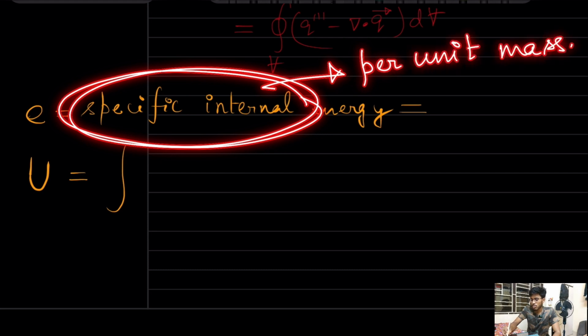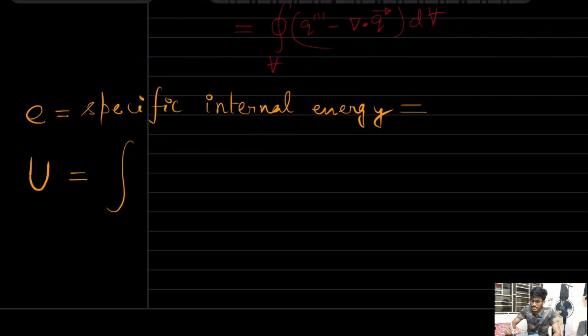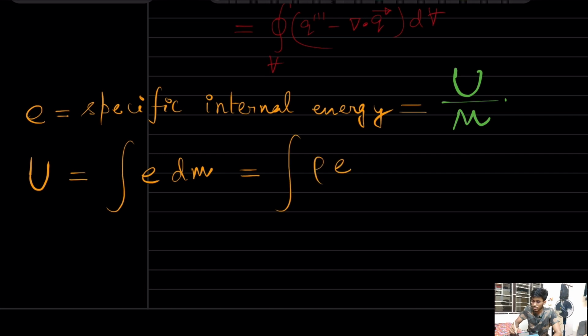I am extremely sorry for this. So this is U by M, or in other words, U is integral e dm, integral over the mass, and I can write this dm as rho dV. So this is the total internal energy of the system.